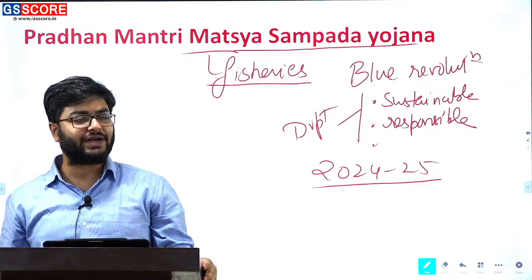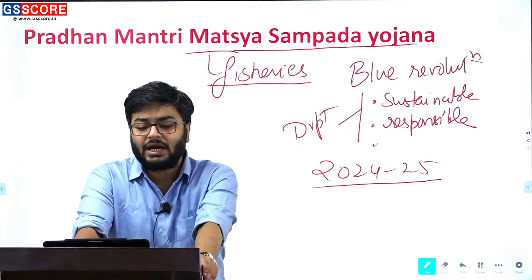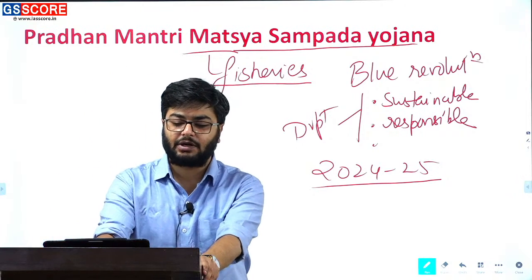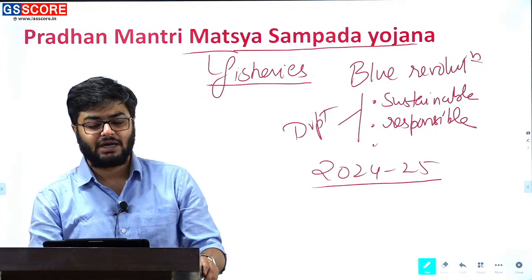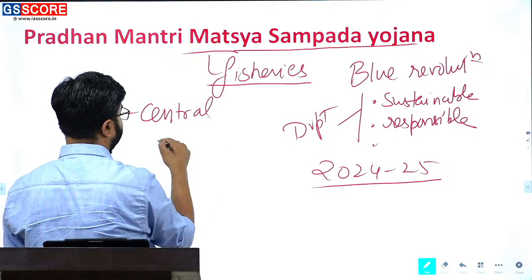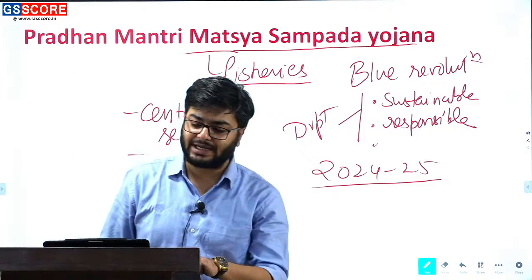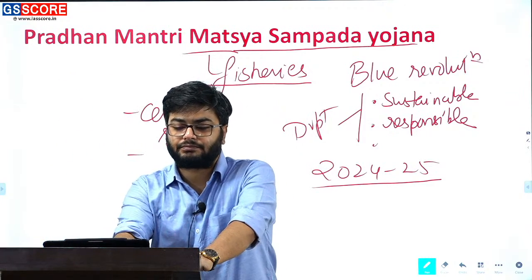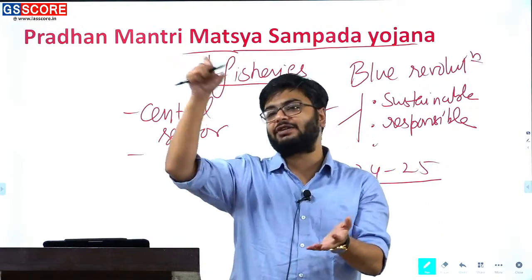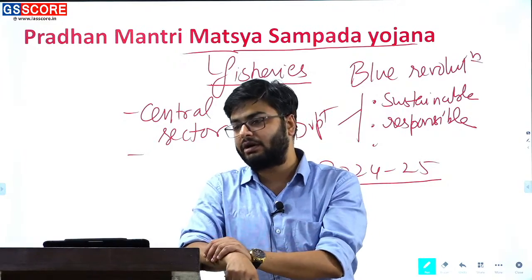The nodal ministry is the Ministry of Fisheries, Animal Husbandry and Dairying, and the department is the Department of Fisheries. It is a central sector scheme. Like I said, it looks at manufacturing, post-harvest management, etc. So it is not simply a cash subsidy or welfare scheme for fishermen.